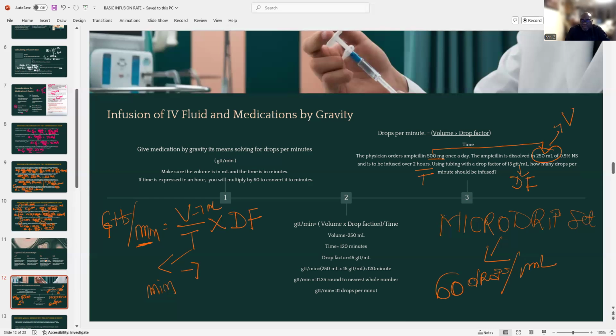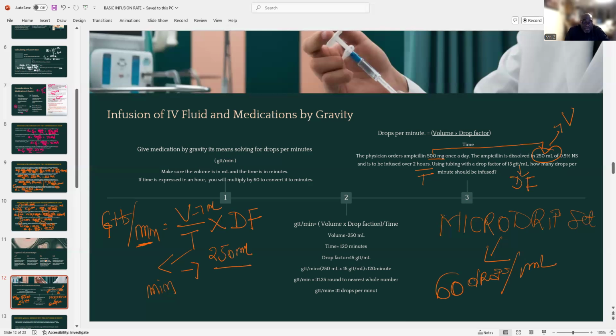What is your volume? It's 250 milliliters. What is your time? It's 2 hours, but you have to convert that to minutes by multiplying by 60. You're not going to multiply the top one. We stay here and multiply.